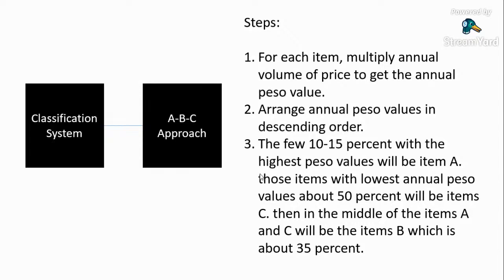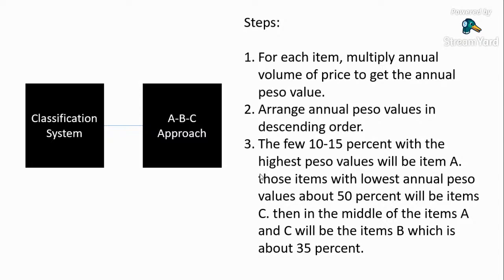Okay, sige. Let's focus on the ABC approach as part of the classification system. So we have different steps para magawa natin yung ABC approach. So number one step, for each item, you need to multiply the annual volume by price to get the annual peso value.